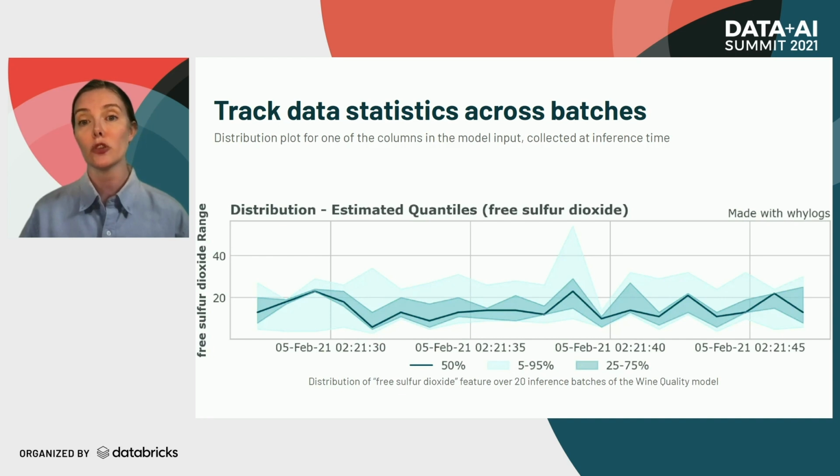Now we can visualize the distribution of, for example, free sulfur dioxide in this slide across all the 20 batches I captured. Visualizing the distribution over time helps us understand distribution drifts or identify data bugs. So here in this particular example, we can see that there's a spike in the middle right of the graph. And if this data was crucial to my model, I might want to take a look at this particular batch of data to make sure that there are no problems with it.